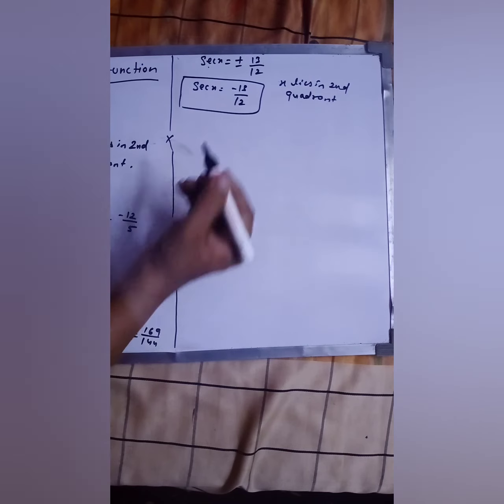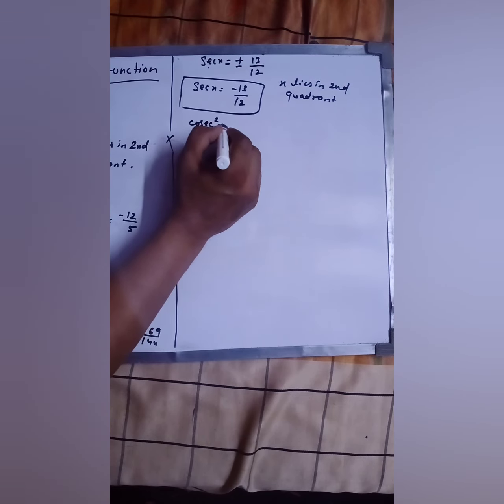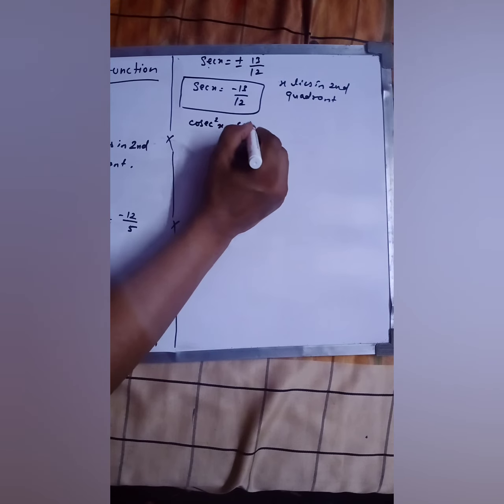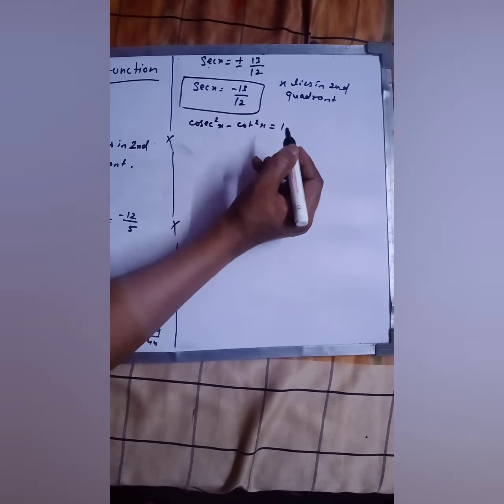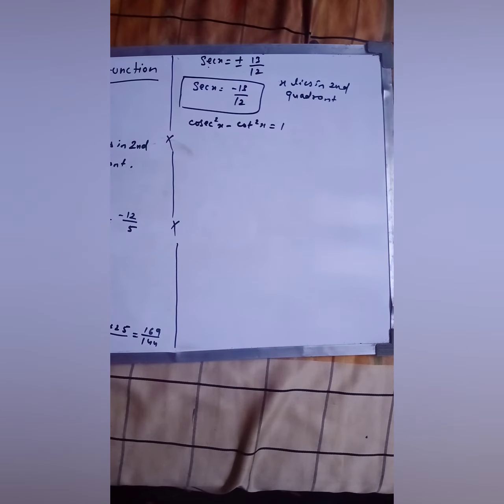Okay. Now, as you know that there is another formula, that is cosec square x minus cot square x equals to 1. You have done this formula in your 10th standard also.